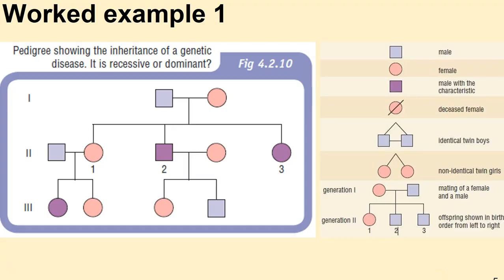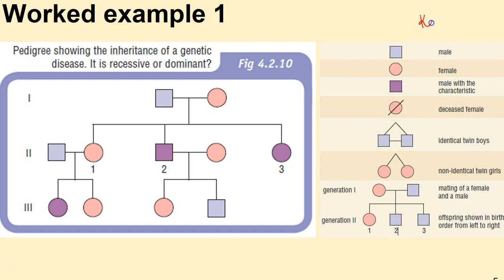So let's have a look. This is a pedigree showing the inheritance of a genetic disease. We need to work out if the disease is recessive or dominant. The first thing we want to do is check our key.